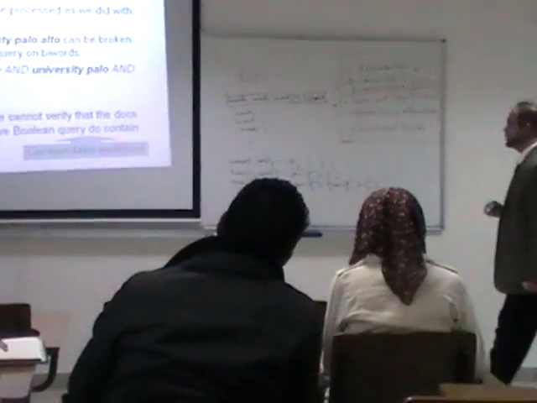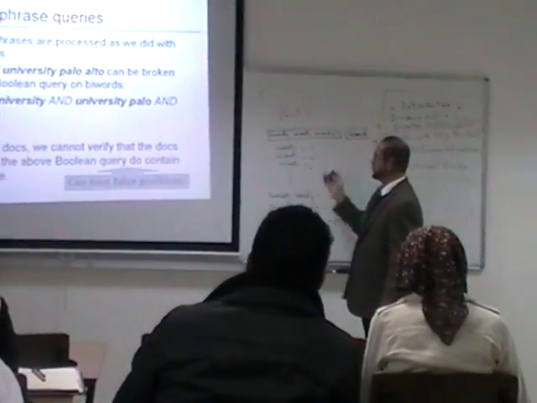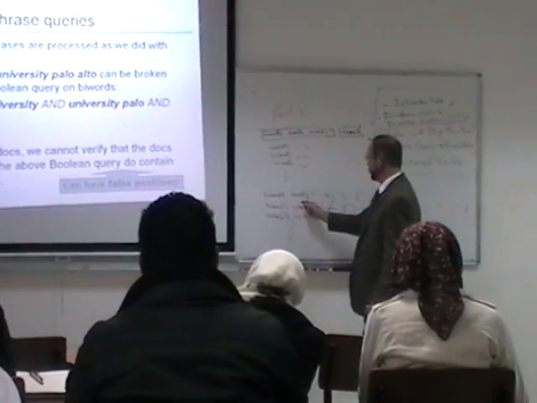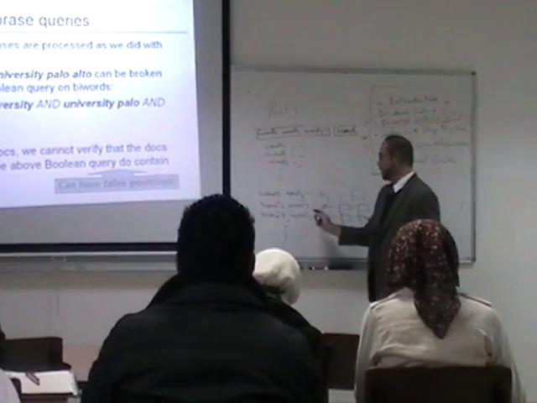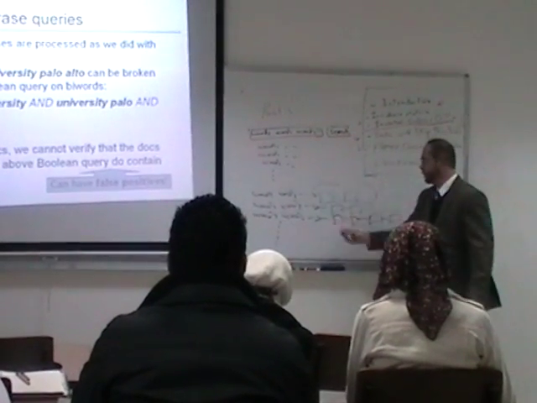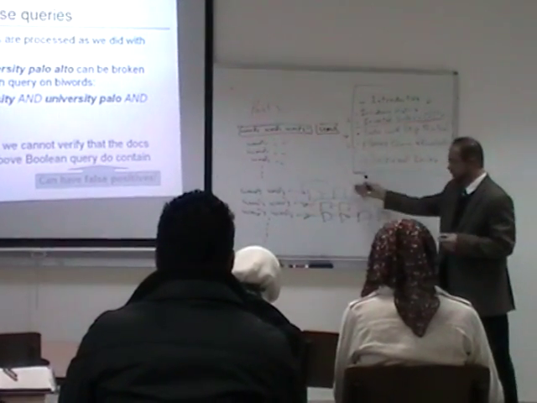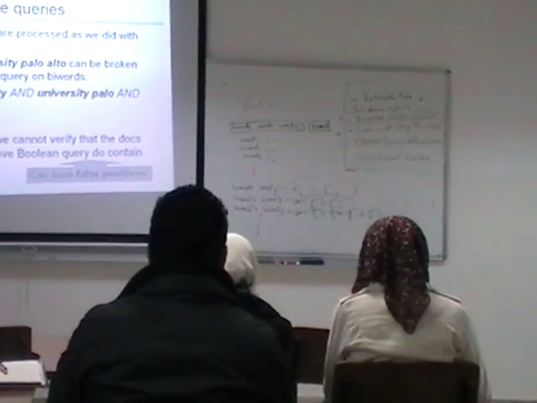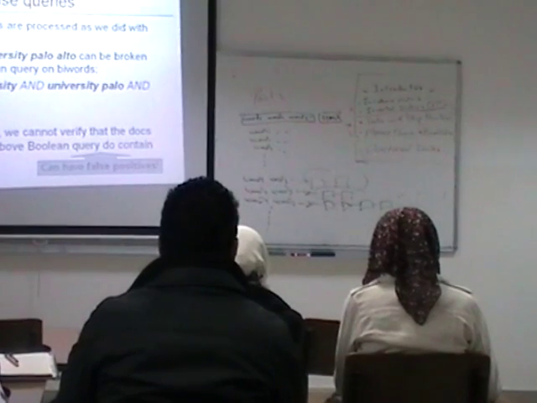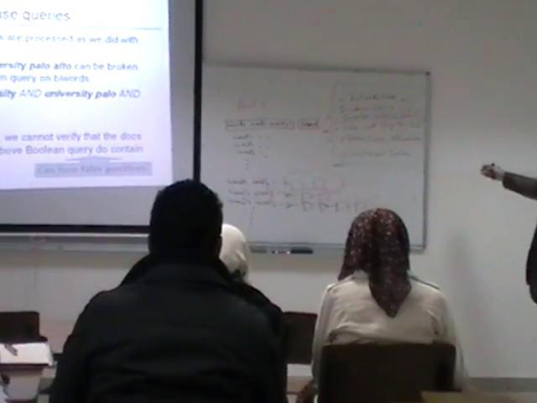So what the system does, if it processes this way, is find word 1 word 2 in these documents, word 2 word 3 in these documents, and then take the intersection of the two lists. What happens is there could be a document that has word 1 word 2 in page 1, and word 2 word 3 in page 5.